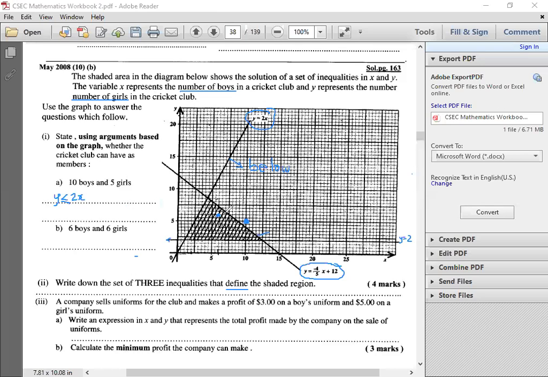No, Angel. This is below. Look at the shaded region. The shaded region is here, right? This is above the line. Look at it in terms of the y-axis.